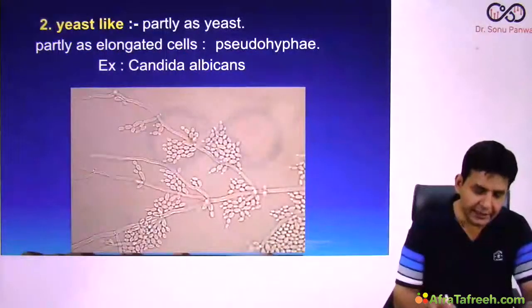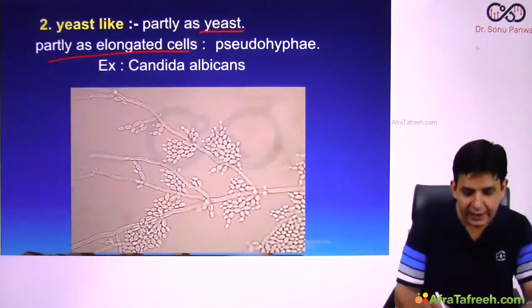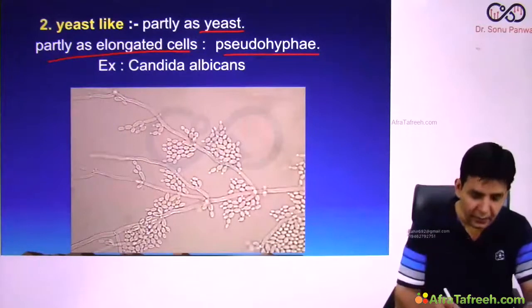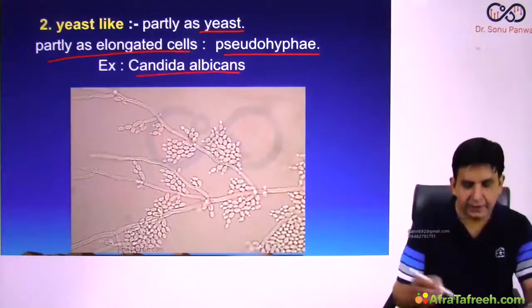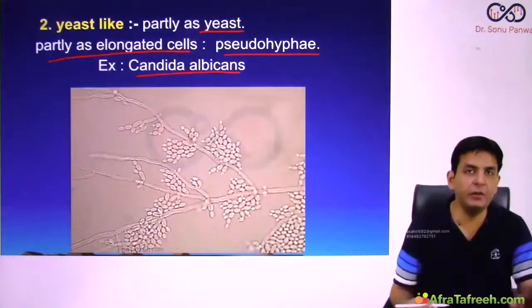Regarding the yeast-like, partly it is a yeast and partly an elongated cell, and that elongated cell is termed pseudohyphae. Remember, guys, one thing: Candida albicans is one such fungus which can show any form of fungus.